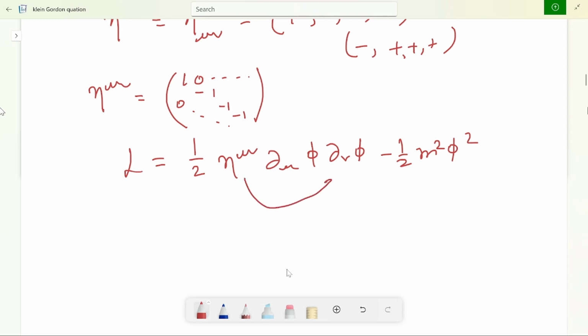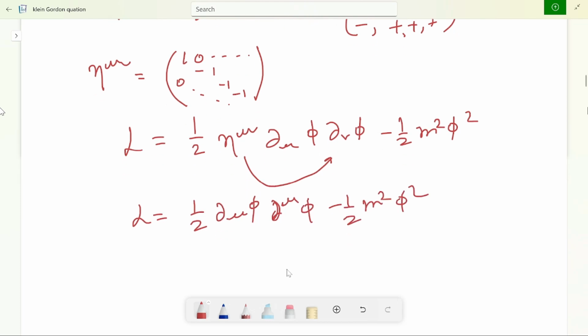So if we operate this on d nu, we are left with the Lagrangian density half d mu phi, and mu is the repeated index, and therefore it is getting summed over. So we will be left with d mu, but with mu being the contravariant index, right? So we are left with d mu phi d mu phi minus half m square phi square.